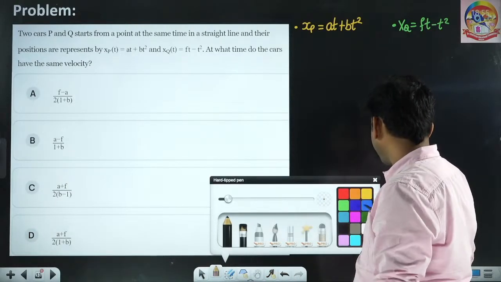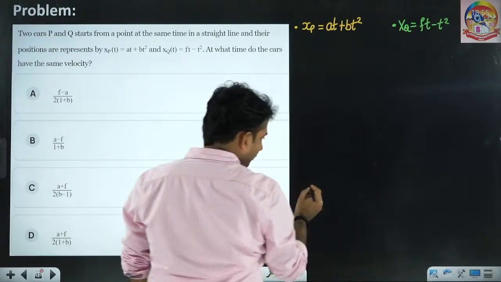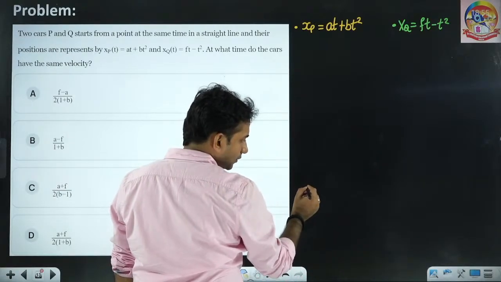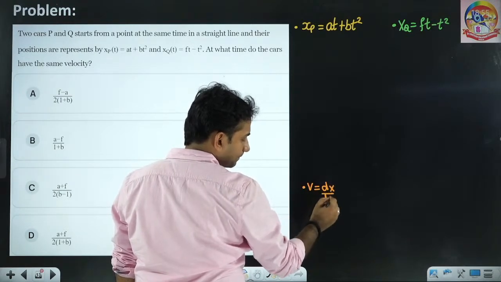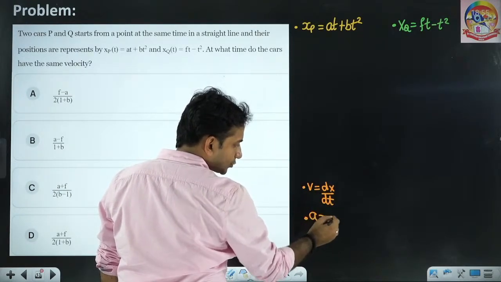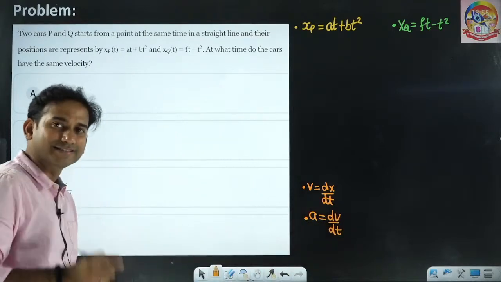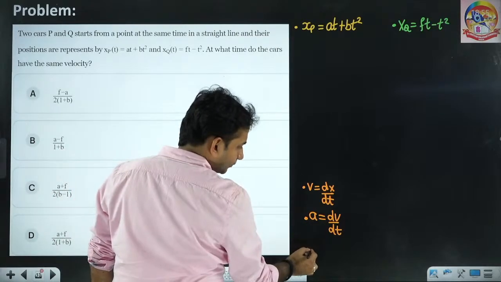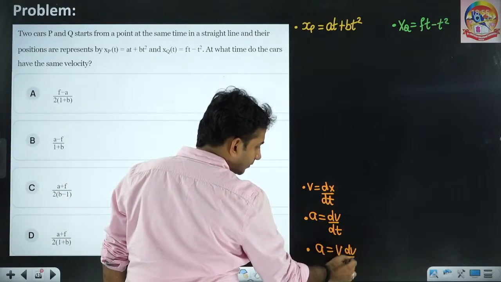So let me write the general equations of motion for you. V equals dx by dt. A equals dv by dt, which I have told you on the first slide and in the first few minutes of this session. Also, a equals v dv by dx. Try to remember this.